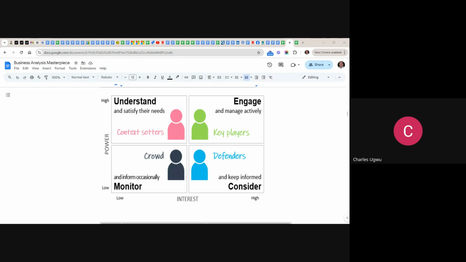Looking at them, you can see that this is power. So you see high power, you see low power. All the stakeholders in the upper box, the top box, are high-powered stakeholders. So all the people in red and all the people in green are high-powered stakeholders.